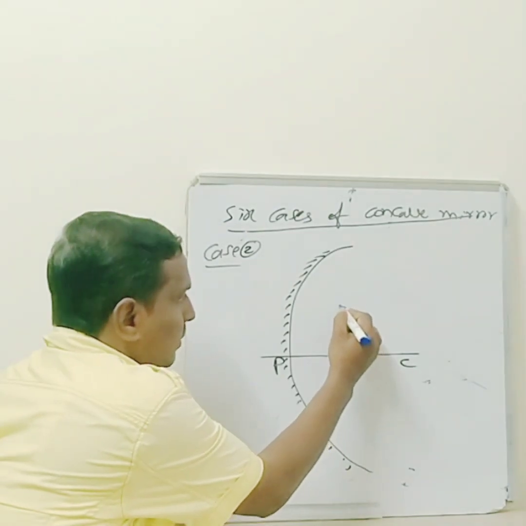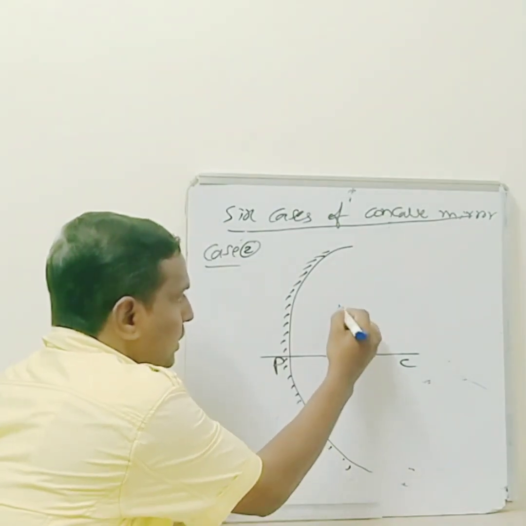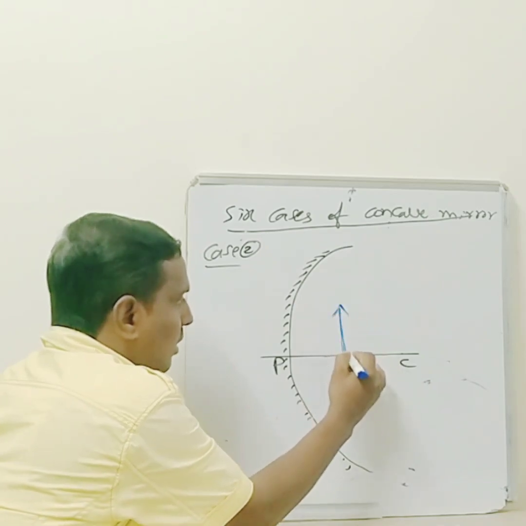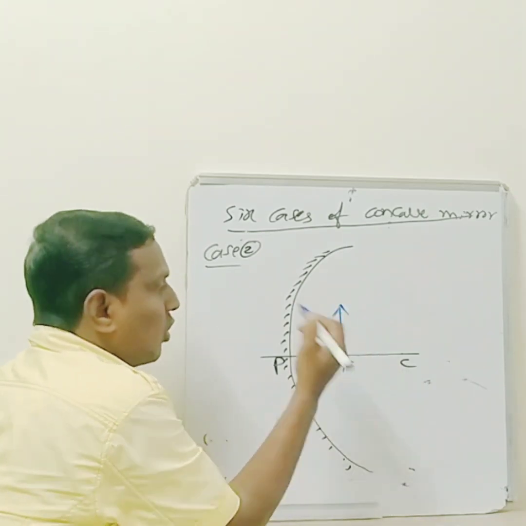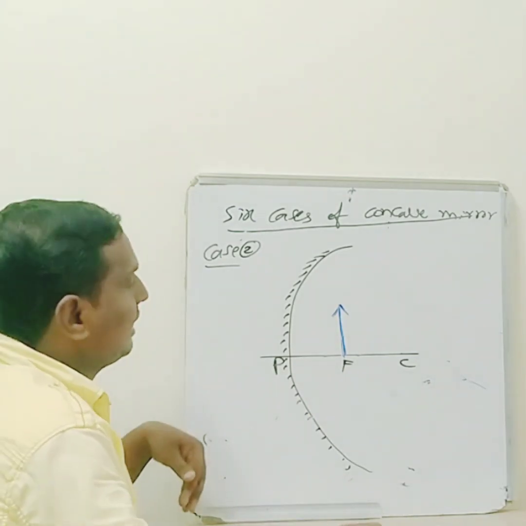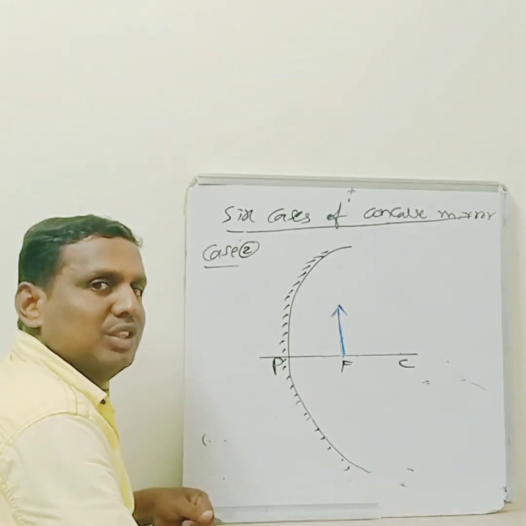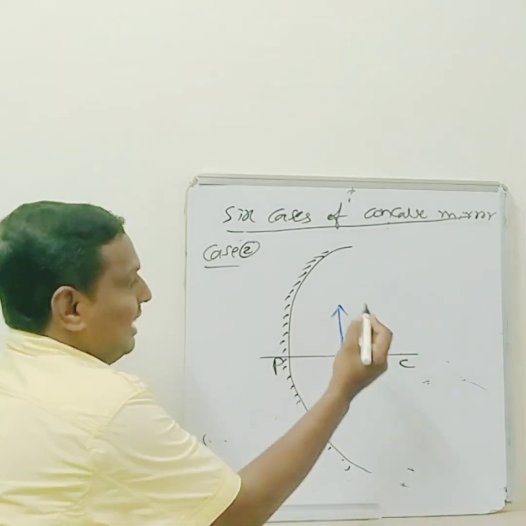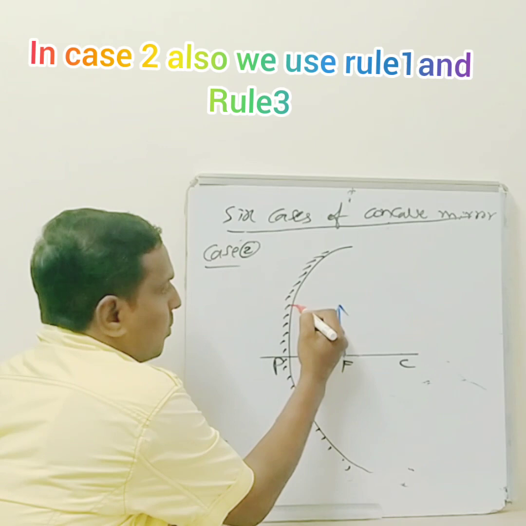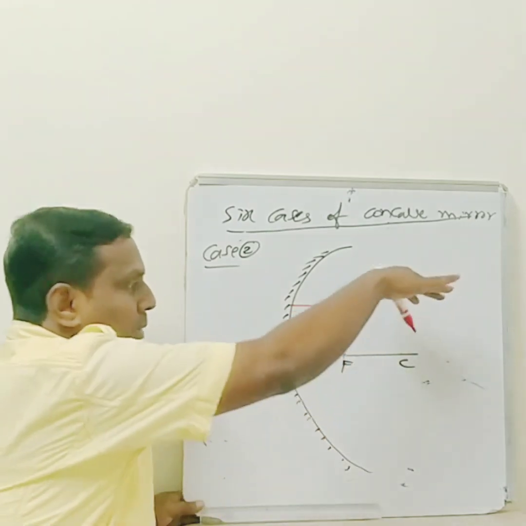This object, here only, the object is at focus. Then we get the image. Again we use the same rule 1 and rule 3. Rule 1: the light ray is coming parallel to the principal axis.